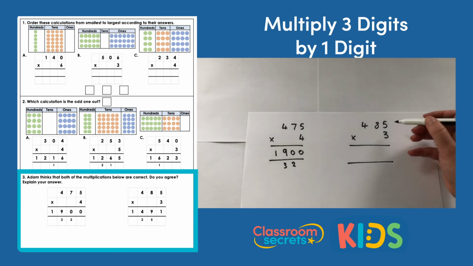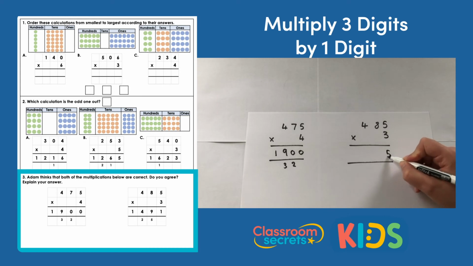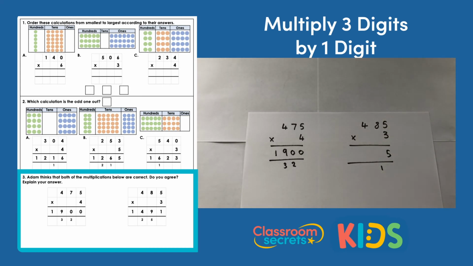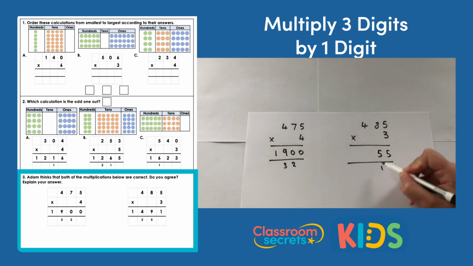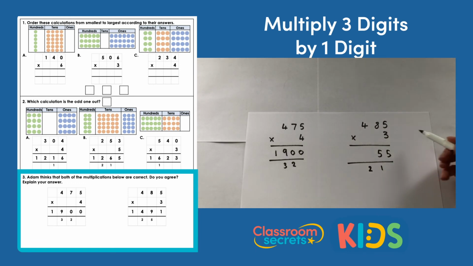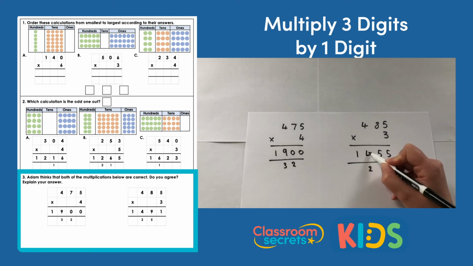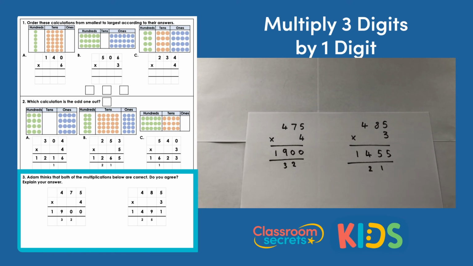485 times 3. 5 times 3 is 15, we exchange the 10. 80 times 3 is 240, plus our exchanged 10, 250, but I'll exchange the hundreds this time. And then 3 times 400 is 1,200. Add the extra hundreds, that's 1,400, to give our answer of 1,455.